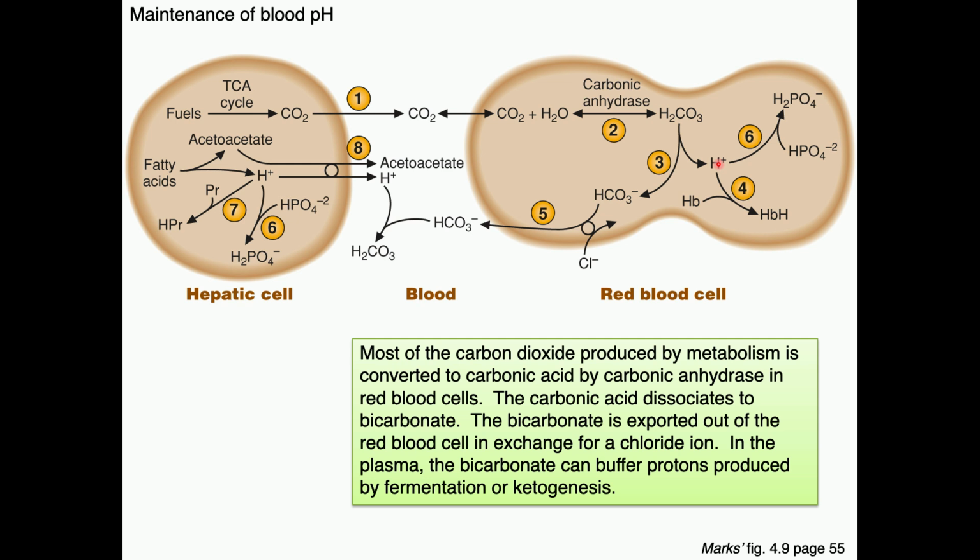But it can be buffered by joining to hemoglobin to make protonated hemoglobin. Now, this protonated hemoglobin has less affinity for oxygen than the unprotonated hemoglobin.